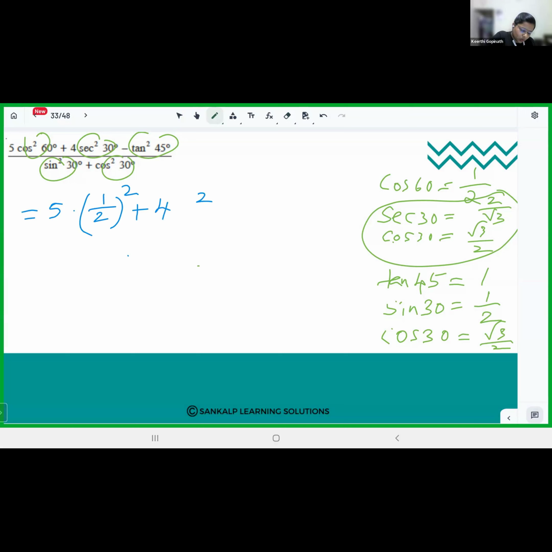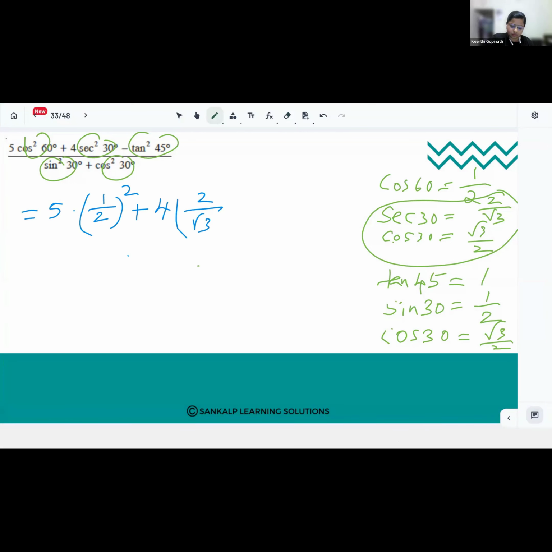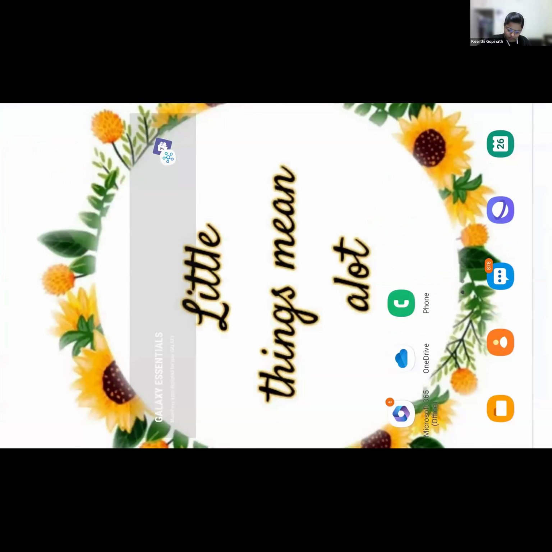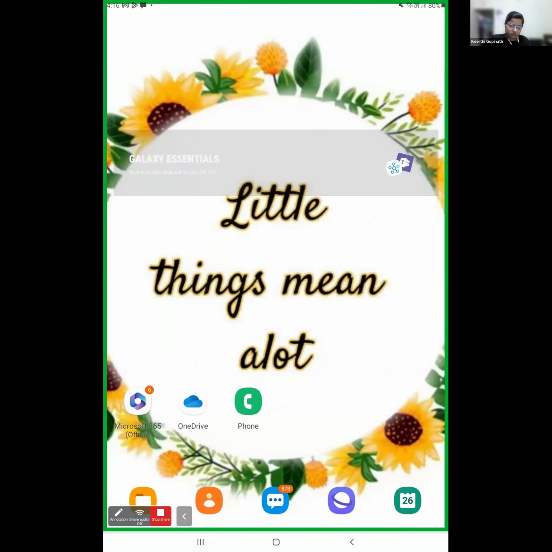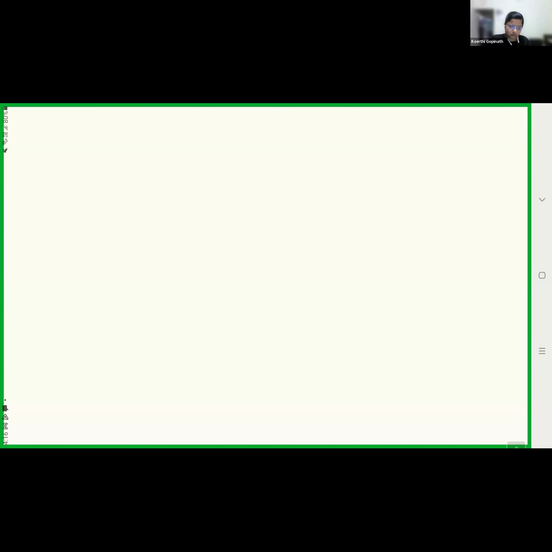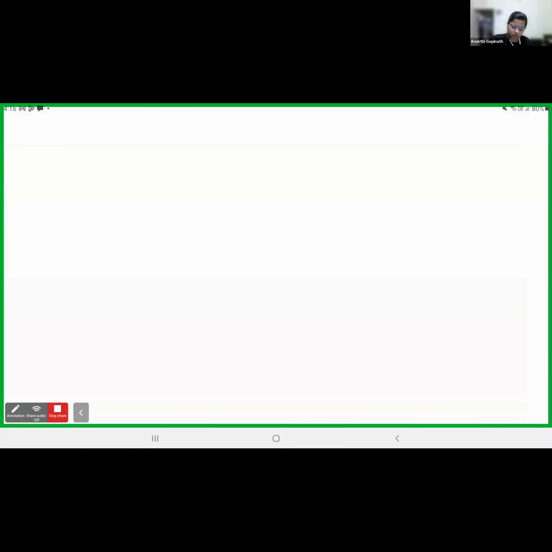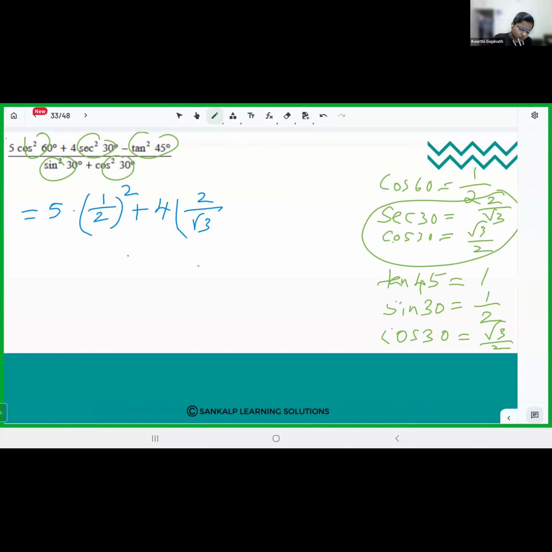So 2 by root 3 the whole square minus tan 45 is 1, so 1 square.